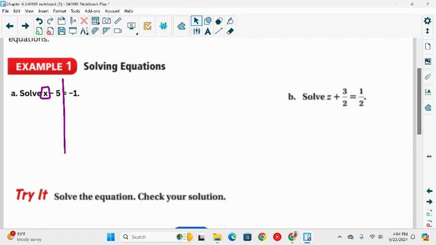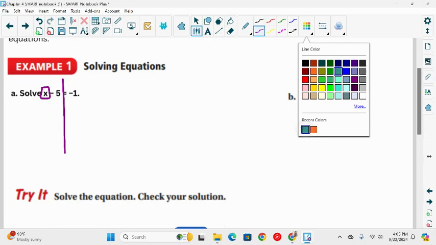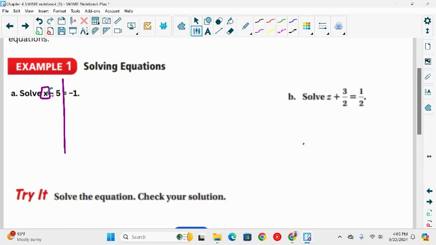So we've chopped down the equal sign so that we can see the two different sides of our equation. We've boxed in the variable. We want to isolate the variable. We want to get it all by itself. And then we're going to do the opposite operation. So right now, as you can see, the operation is subtraction. And so the opposite of subtraction is addition. Very good.